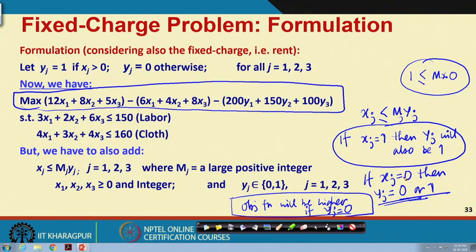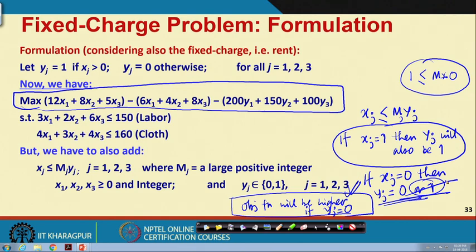If y1 equals 0, then this term will be 0, and the maximization will be whatever quantity we get from other considerations. But if y1 equals 1, then this 200 y1 will be 200, so the objective function value will be reduced by 200, which is not a good idea because the objective function goes down. So the objective function will be higher if yj equals 0, and since it is a maximization problem, that is what will be selected. So, if xj equals 0, then by the nature of the problem yj will be 0 also.